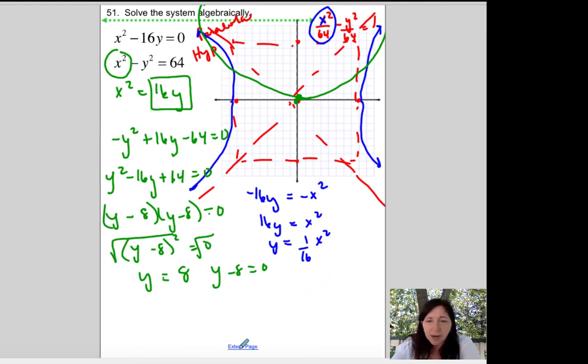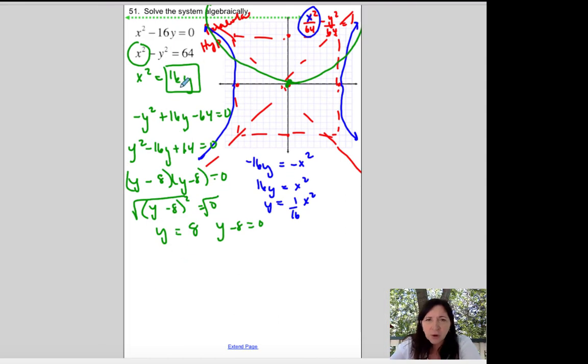I need to plug into my other equation. So we know that x squared minus 16y is equal to 0. We said y was equal to 8, so we have x squared minus 16 times 8 equals 0. 16 times 8, what is that?